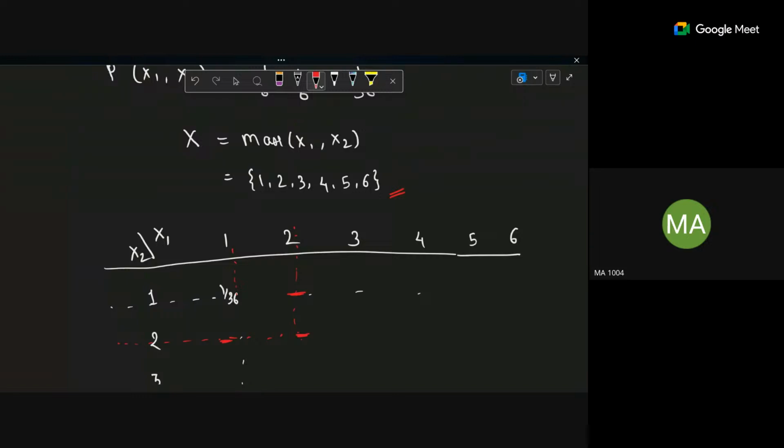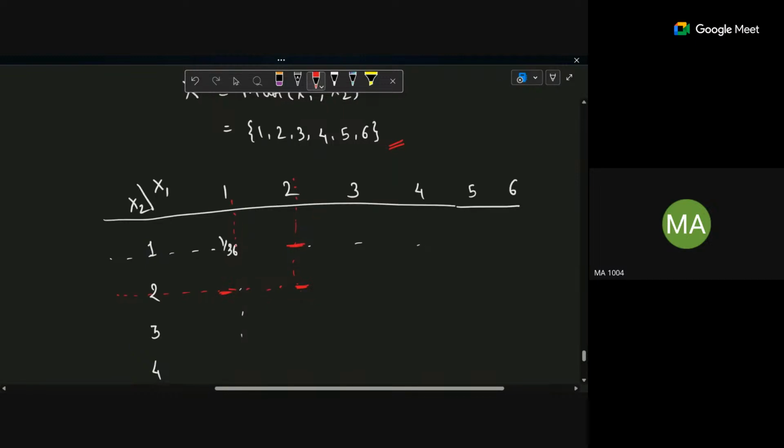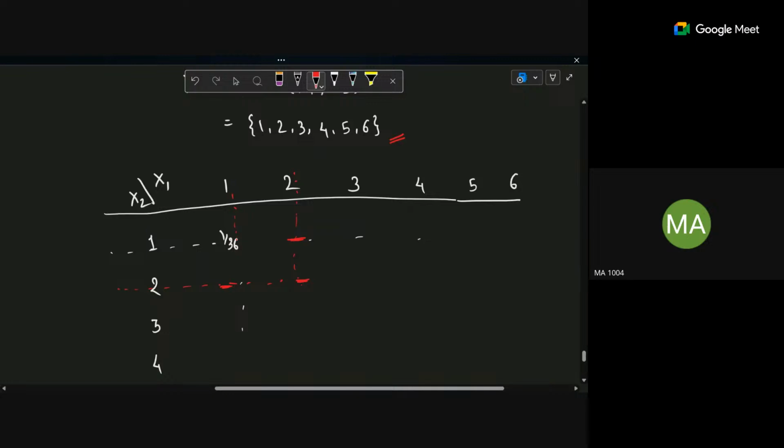So how to calculate when your maximum will be 1? From the table it's easy, because it gives you a kind of coordinate view. Consider the case which is at the intersection 1, 1.